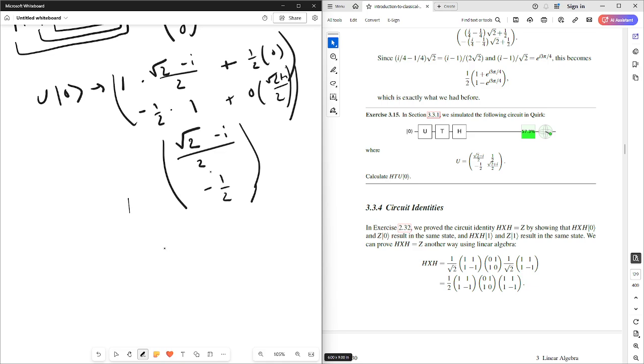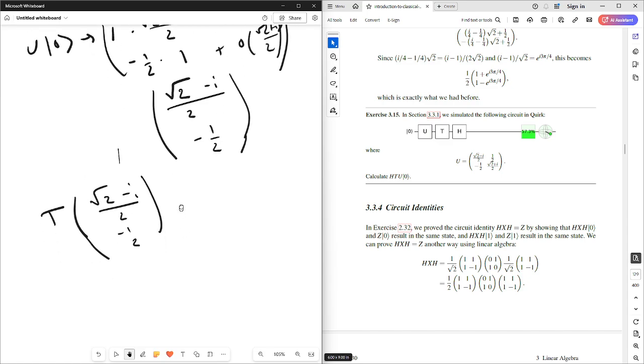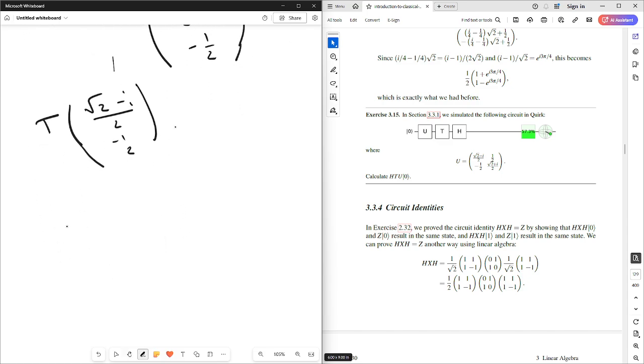So we're going to continue forward with our T-gate. Our T-gate is in the form 1, 0, 0, e^(iπ/4).